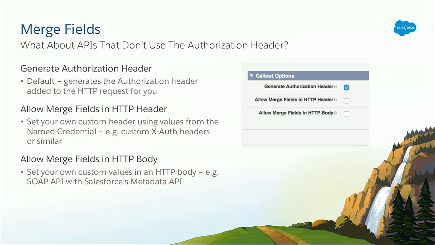What this means is I can reference, through Salesforce-style merge field syntax, the curly braces, exclamation marks, and so on, the values that are actually in the named credential and use these in custom code. Some of this may include things like special HTTP headers you have to set. It might be SOAP APIs where you have to get special values into certain parts of the request. You can go ahead and do that this way.